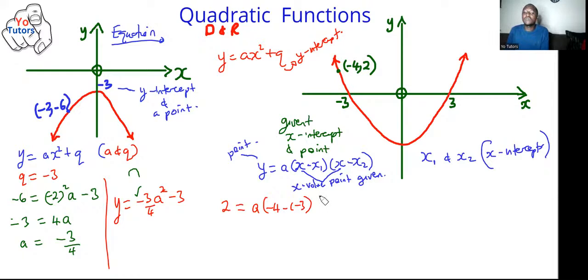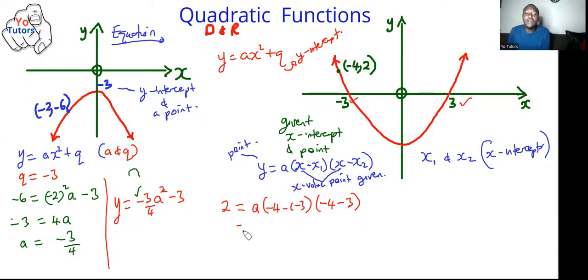Then here it's negative 4 again, minus 3. So we have this 3 here and this 3 here. This one is negative, this one is positive.